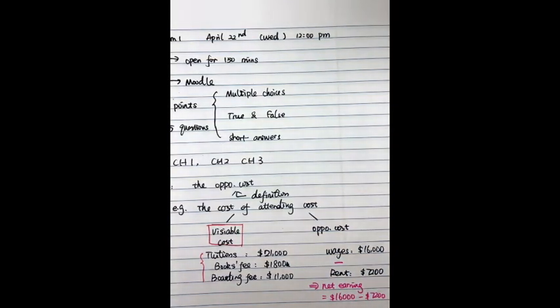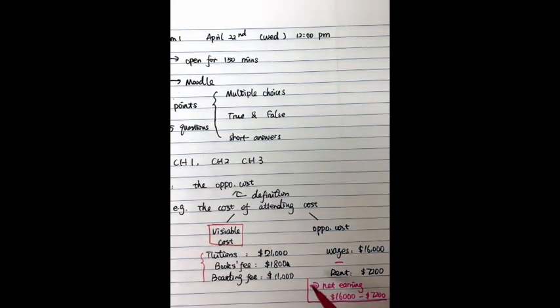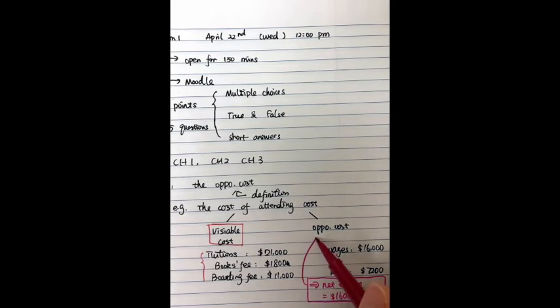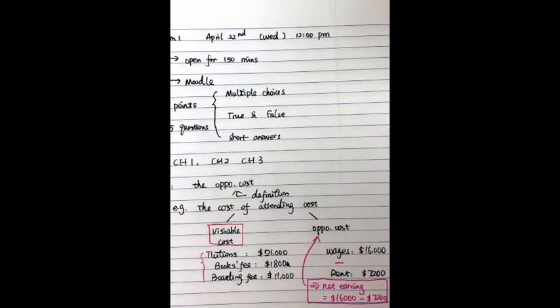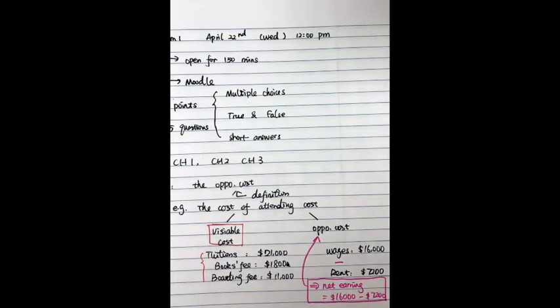And this part is the opportunity cost. Therefore, the total cost of attending college should be the visible cost plus the opportunity cost, okay?